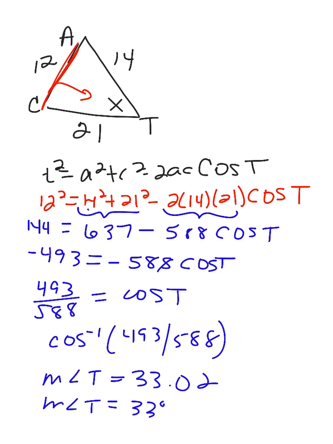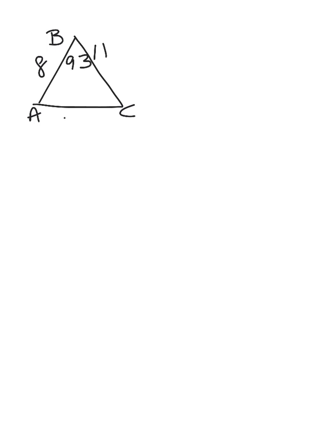Okay, so let's take a look at B. B is in triangle ABC. We have AB is 8, BC is 11, and angle B is 93. We're looking for side AC. So again, I'm going to use law of cosines.